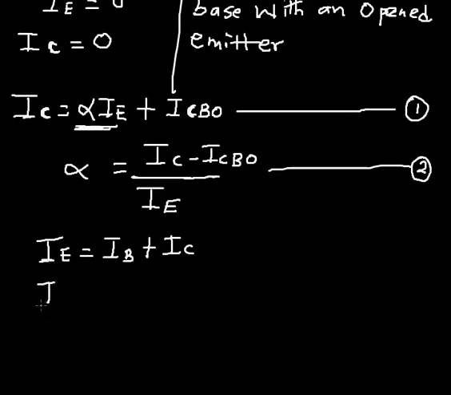Let me substitute. IE is going to be equal to IB plus IC, where IC is alpha IE plus ICBO.